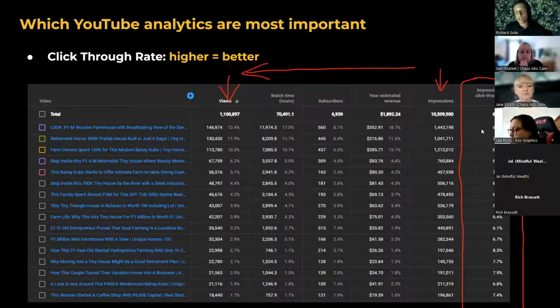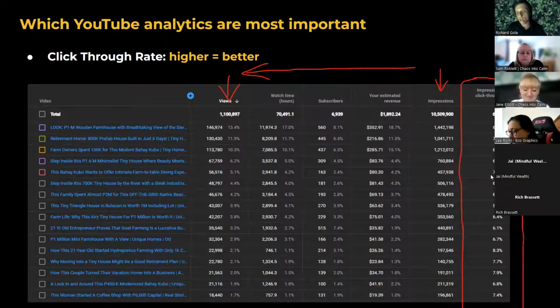If they are not interested, they will not click. The good impressions click-through rate, I mean CTR, for YouTube videos, everything above 5% is good. Everything below 5% sucks. So you have to improve this one.